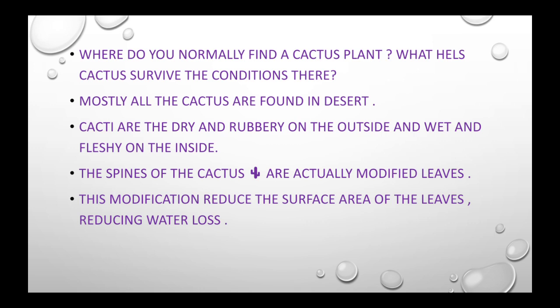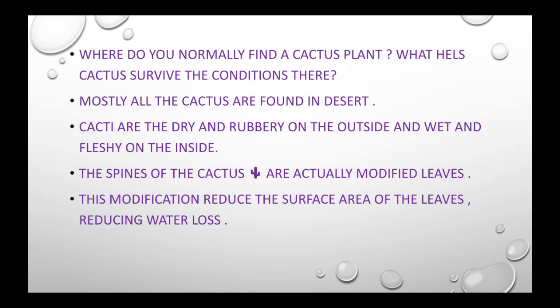It means mostly cacti are found in deserts. The outside of the body of the cactus is dry and rubbery, whereas inside it is wet and fleshy. You may have seen the spines of a cactus. You may have thought that a cactus has no leaves, but actually the spines you see on the surface are modified leaves.